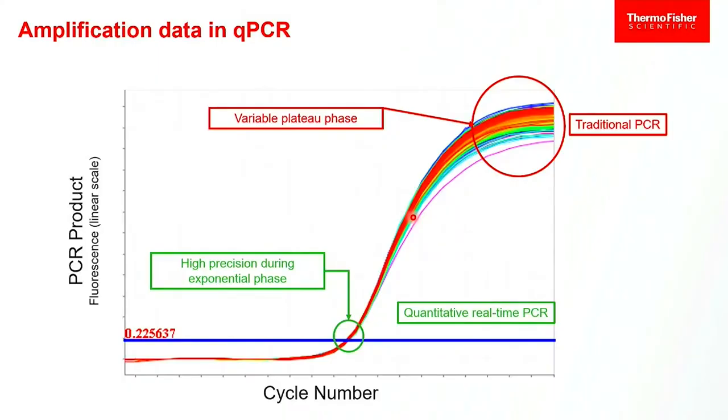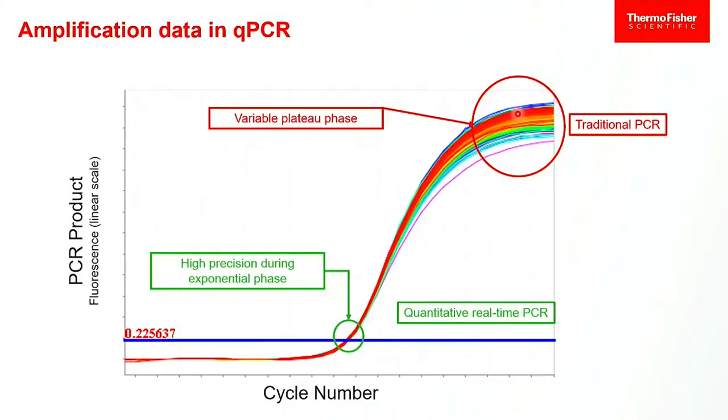But at some point, you're going to completely run out of something in your reaction. And that's where we get to what we call plateau phase. So you've completely exhausted what's in the reaction, and you can't make any more fluorescence because we've run out of something. So you can run it over and over and over, and it's just going to run flat. Okay, that's the plateau phase.